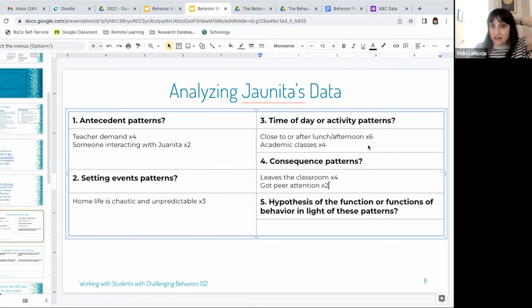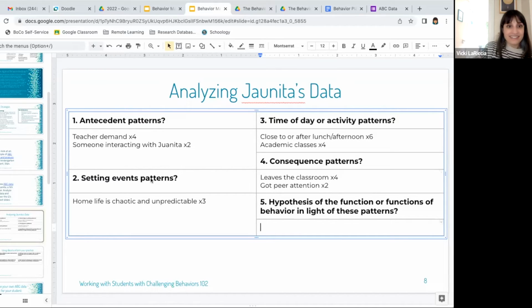We know that all of these instances happened in the second half of the school day, either around lunch or after lunch. We know that 4 times she was permitted to leave the classroom. And even when she fell asleep, the teacher let her sleep, so she was permitted to sleep. We know that 2 times she got peer attention.